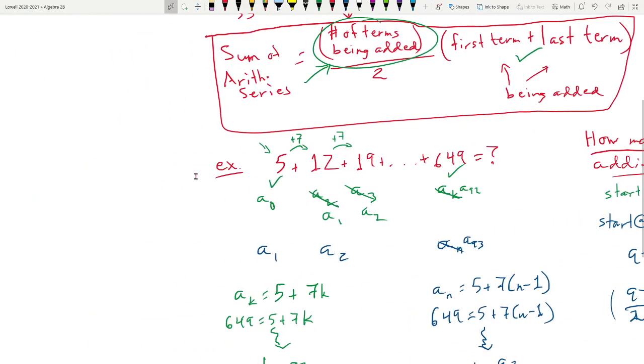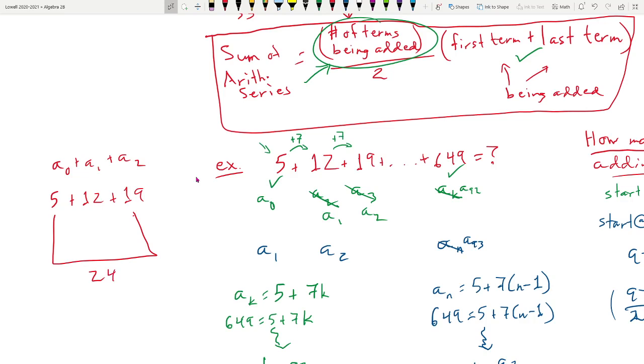This would still work. So let's pretend I want to add up just A0, A1, A2, and using the green counting method. So this would be 5 plus 12 plus 19. Okay, well, I'll add the first and the last, and we'll get 24.